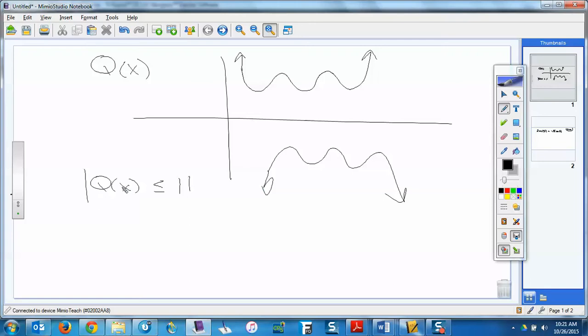Then they put bars around it for the last part. What does that mean for the y values? It's saying, can you make it not cross the line of the negative 11 or the positive 11? Absolute value makes this positive, so what it's saying is, could you have a function where all of the y values, when you made them positive, would all be less than 11?